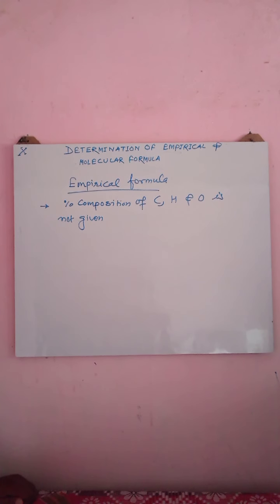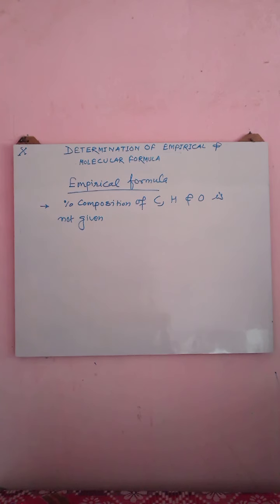So what you have to do, you have to first add the total percentage of different atoms given in the numerical. Then subtract that total percentage from 100.